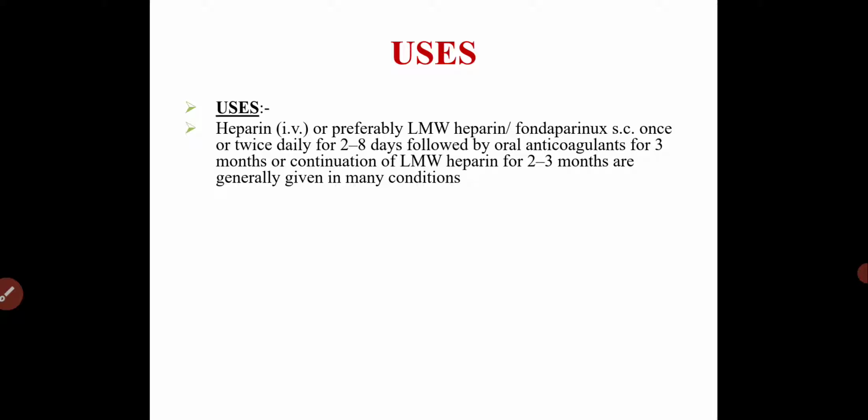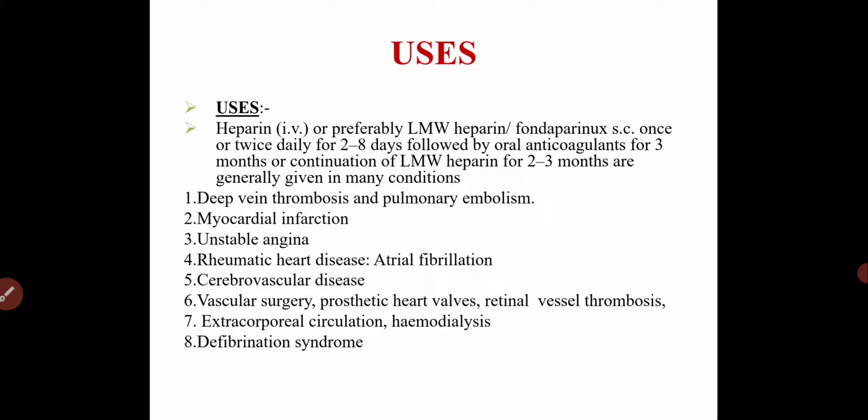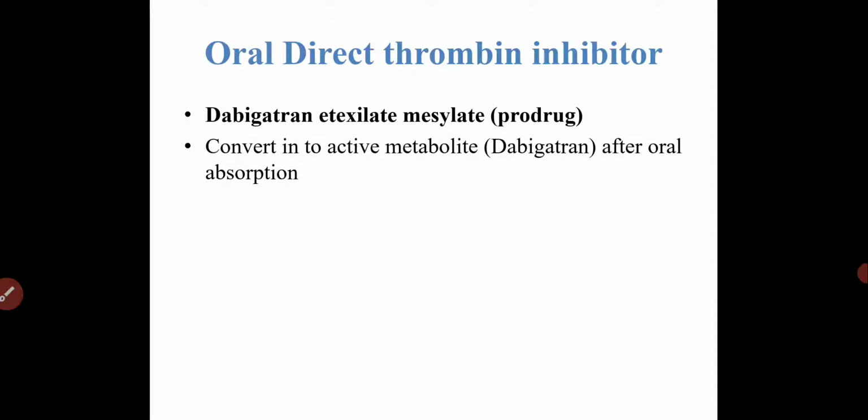We have already seen the use in heparin and low molecular weight heparin, so we are not going into that much detail. Warfarin is useful at a 2 to 10 milligram OD dose. It is used in deep vein thrombosis, pulmonary embolism, myocardial infarction, unstable angina, and various other conditions when we want to prevent thrombus formation or extension of the thrombus, particularly in venous thrombosis.